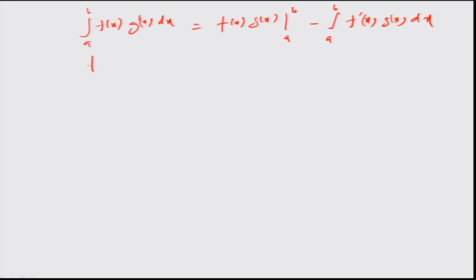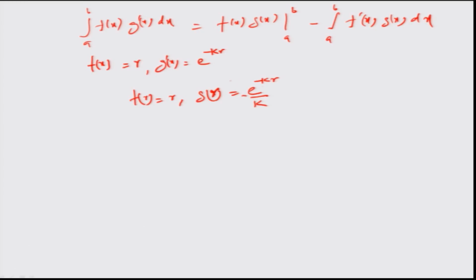So, our first function in our case is the value r, and our second function g dash is e to the power of minus kr, meaning thereby that the first function f(r) is r and the second function g(r), because g dash(r) is e to the power of minus kr, becomes equal to minus e to the power of minus kr by k. So, that is how g(r) can be represented.